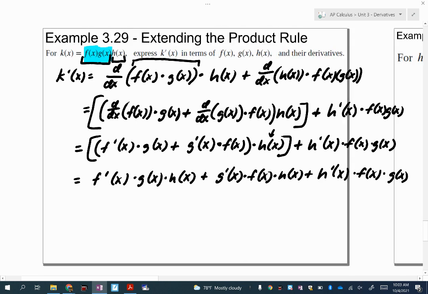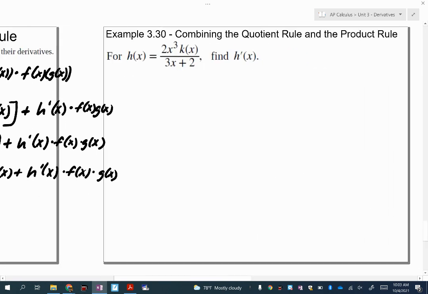So that, I know that was a lot of work there, is the same as k prime of x. So this was an example of a product rule within a product rule, so two instances of the product rule in the same problem. All right, let's go to the next one.